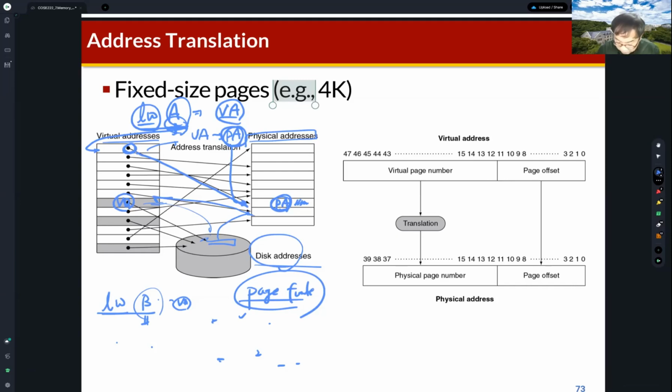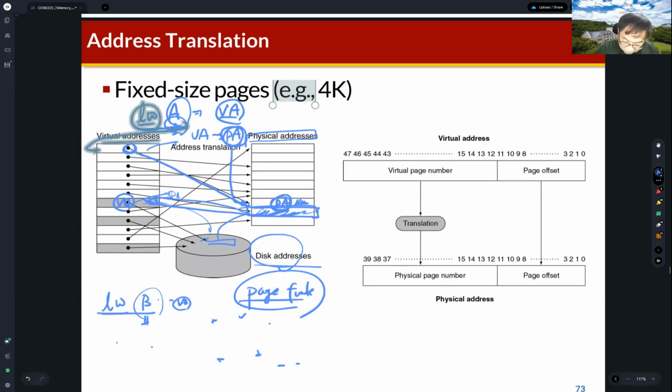Okay, so this virtual address is translated into this newly allocated physical memory space, and then this data is transferred to the processor. This is how virtual memory works.